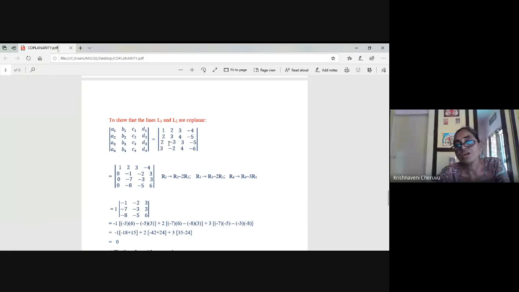Second transformation what I used is to make 2 0 here, the third row, R3 minus 2 R1. Okay, so 2 times of R1 I subtracted from R3, girls.